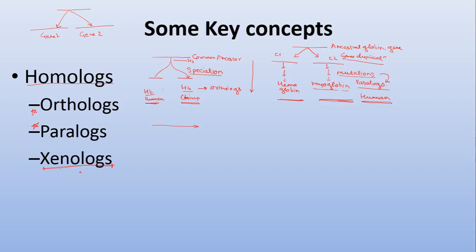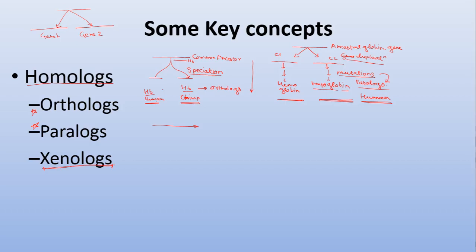Today we have learned some key concepts: what homologs are, what the different types of homologs are, and what different terminologies are generally used when you discuss the phylogenetic tree. Now you know how to interpret a phylogenetic tree, what is to be considered and what is not to be considered in interpreting it.